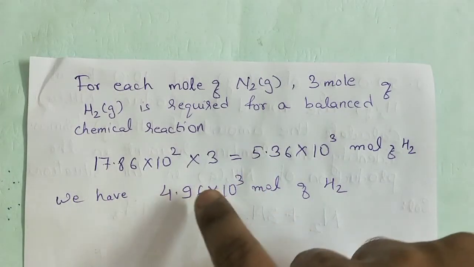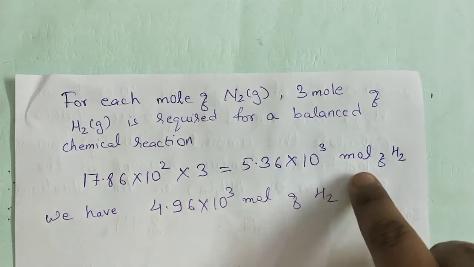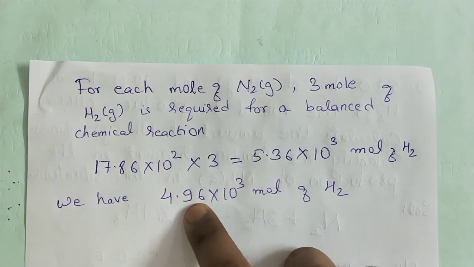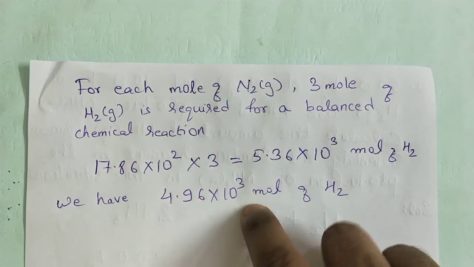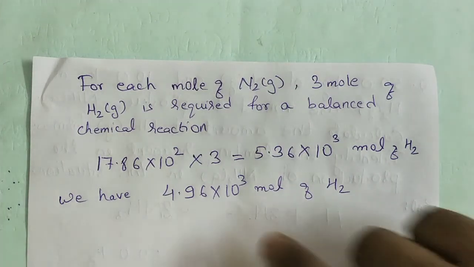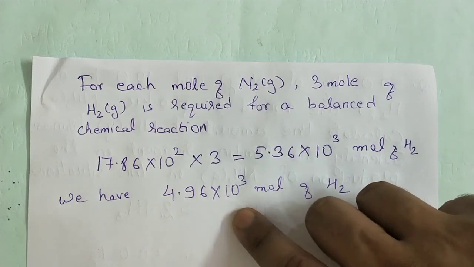So for ideal equation, you need 5.36 in 10 to the power 3 mole of hydrogen gas, but at present in the current chemical reaction we only have 4.96 into 10 to the power 3 mole of hydrogen gas. That means we have less amount of hydrogen gas, and it is our limiting reagent.